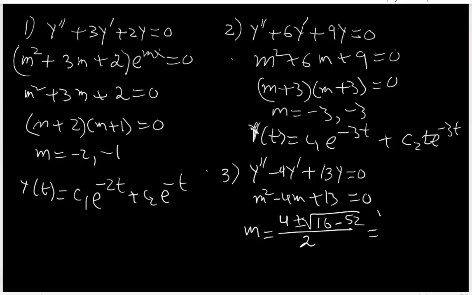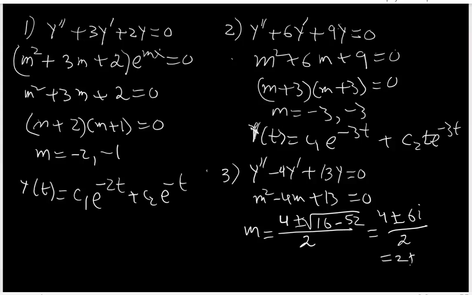So after simplification, you find it 4 plus or minus 6i over 2, because 16 minus 52 is -36. When you take it outside the radical sign, it comes out as 6, and the square root of -1 produces i. So you can see the roots are complex.